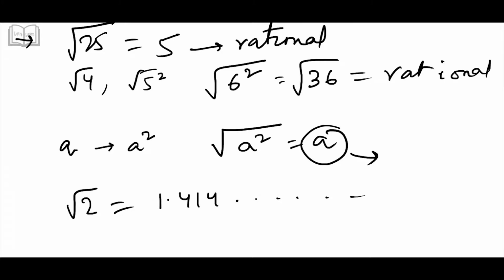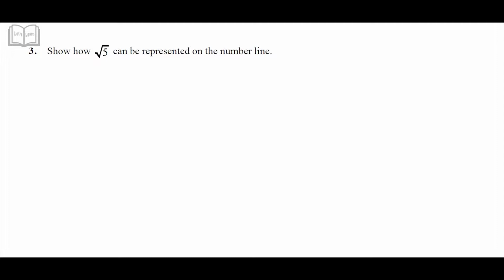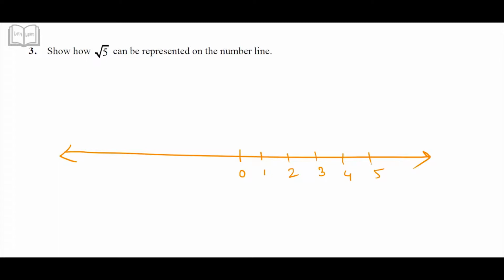So let's jump into problem 3. Show how root 5 can be represented on a number line. Well, this is a very interesting problem. So let us first draw a number line. We draw 1, 2, 3, 4, 5, and similarly let us draw the y-axis also. This is the x-axis, this is the y-axis, just to make it complete.